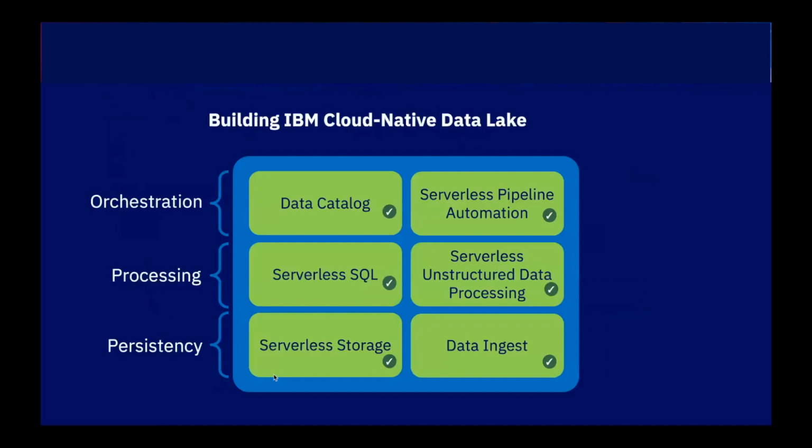So we're talking about having options for persistency to store the data, to get data in and out with the data ingest options. We're talking about processing data with SQL for structured data. And then Cloud Function-based processing for unstructured data.